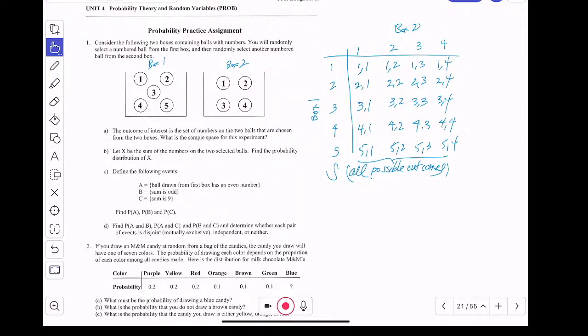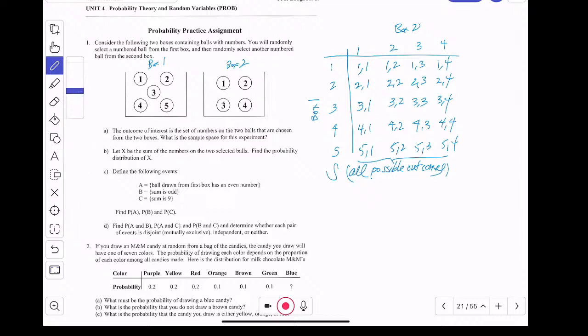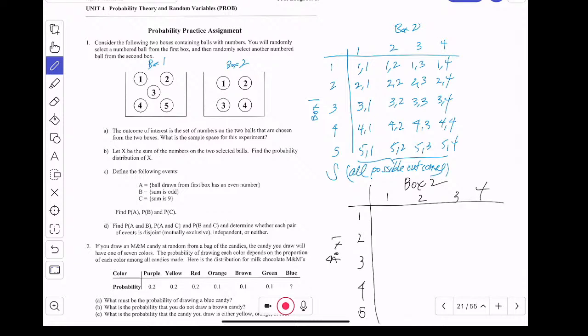No, I didn't want to do that. All right, sorry. Play with this. Okay, so for this one, I'm going to use more color. So box 1, box 2, so now I want the sum.